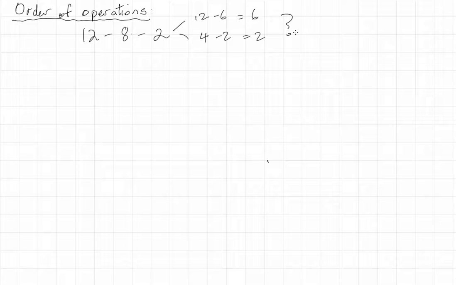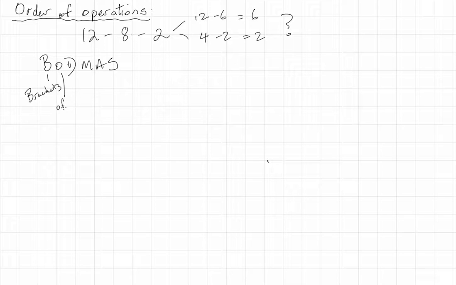So I'll go through and give you a way in which we can remember this. You may remember BODMAS. BODMAS was a way of remembering the order. B stands for brackets, so if there are any brackets, you do them first. O stands for of.